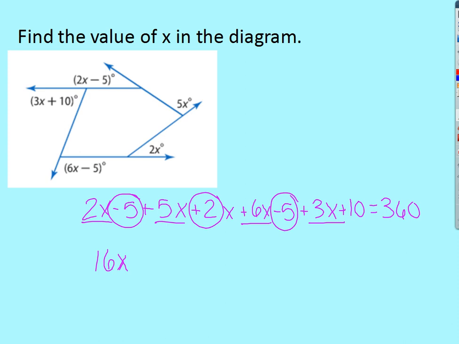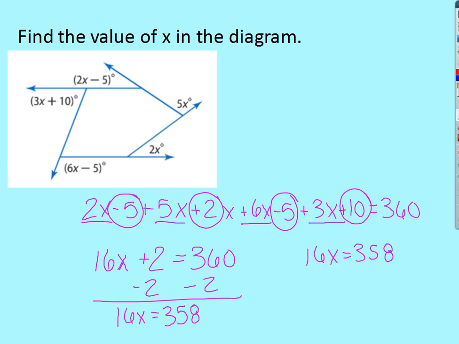Negative 3 and negative 5 gives us negative 8. And negative 8 plus 10 gives us a positive 2. Now we're going to subtract 2 from both sides. Let's back up for a second because this is not just a 2, this is a 2x, so we do need to start over.